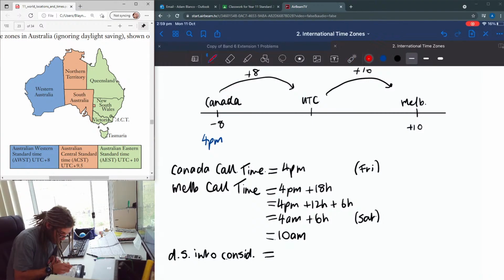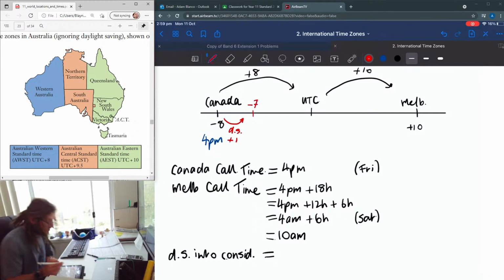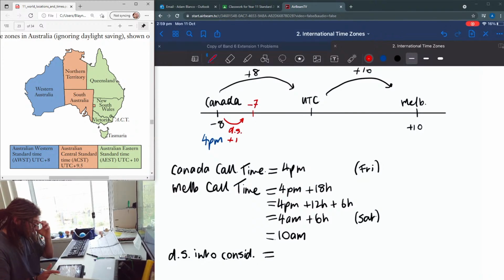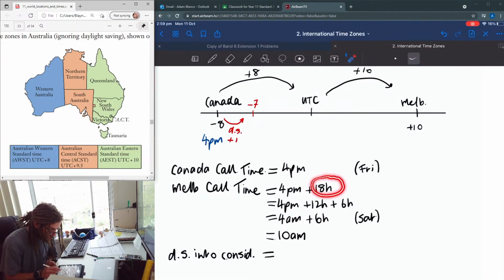So Canada is actually at -7 rather than being at -8. So what we need to do is kind of go back a little bit. So the difference was 18 hours, whereas, hang on a minute, it's not 18, it's actually 17.